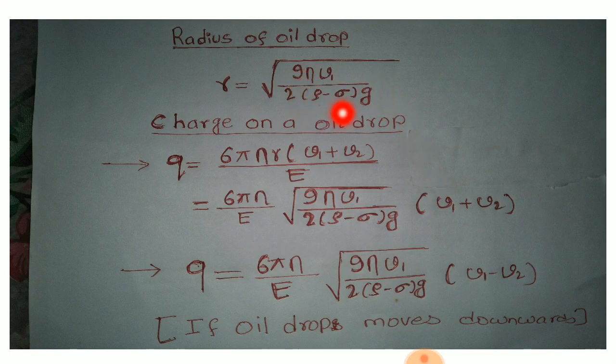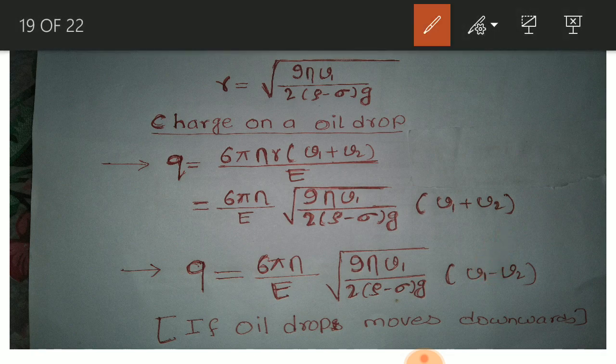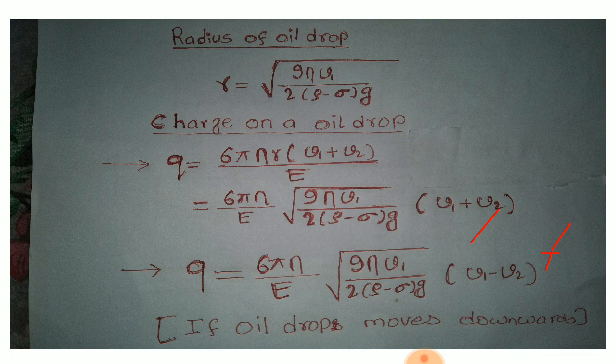This is the radius of the oil drop, and this is the value of q. If the oil drop moves upward, then we will get this expression. If we assume that the oil drop is moving downwards in the presence of electric field, then we will get this second expression, otherwise we will get the first expression. We can assume both cases in the derivation. So these three are the important results of Millikan's oil drop experiment.